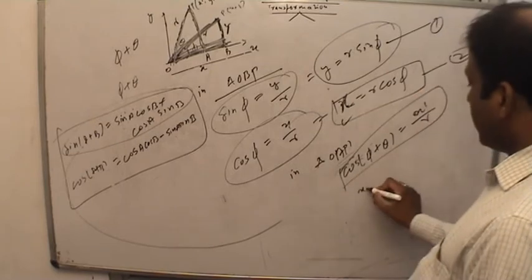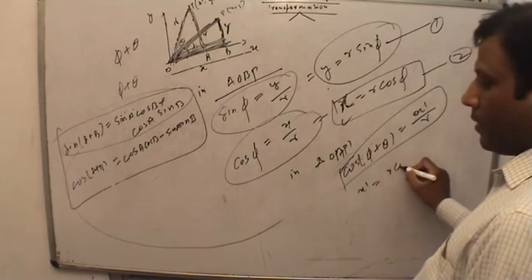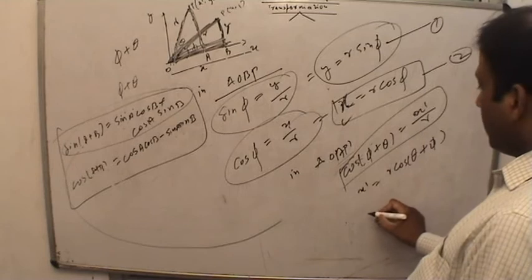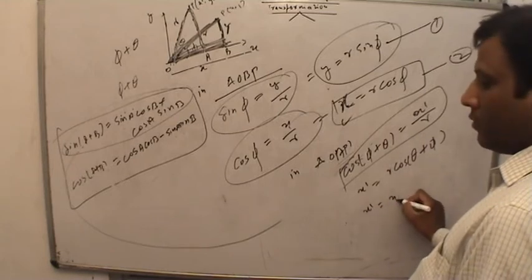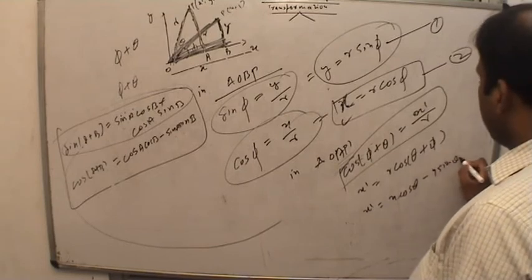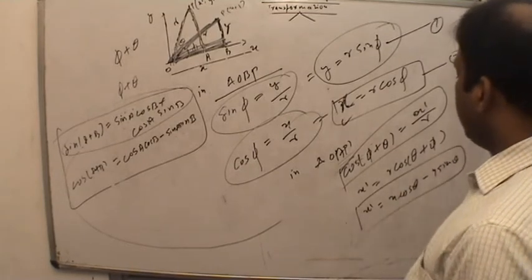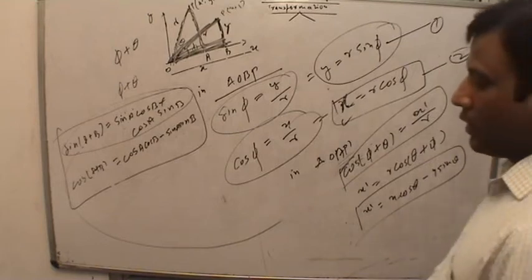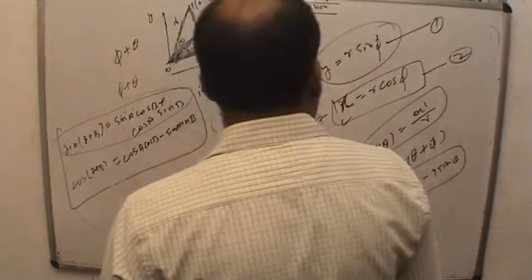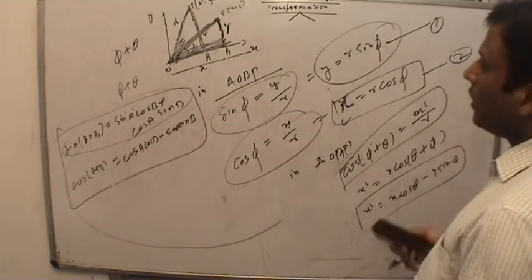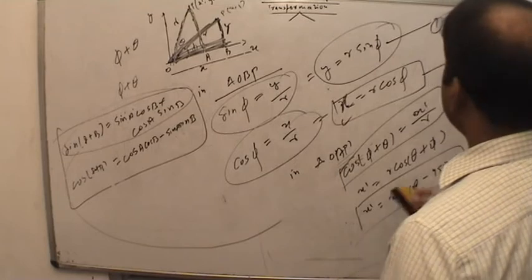So we get x dash is equal to r cos of theta plus phi, and we get x dash equal to x cos theta minus y sin theta. Previously we found the value of y dash, and now we found the value of x dash. Now we are going to represent the matrix of transformations, that means the matrix of rotations.